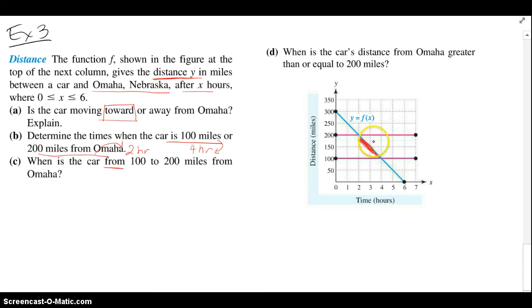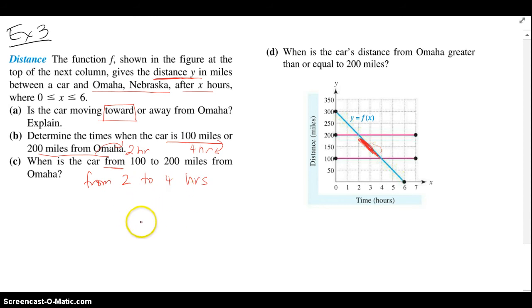In that range it happens. So we would say from 2 to 4 hours, basically between the second hour and the fourth hour, is when the car is between 100 to 200 miles away from Omaha. So part C is actually asking us for a range between 2 to 4 hours.